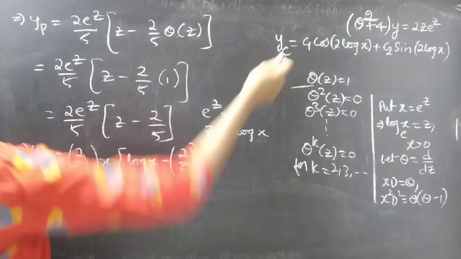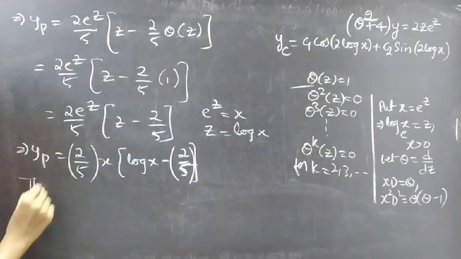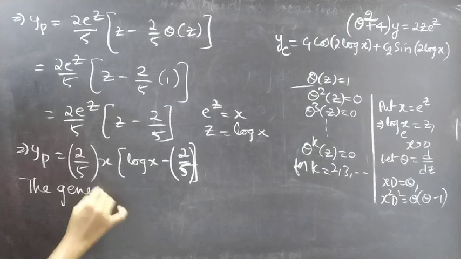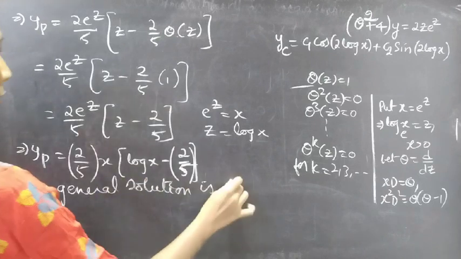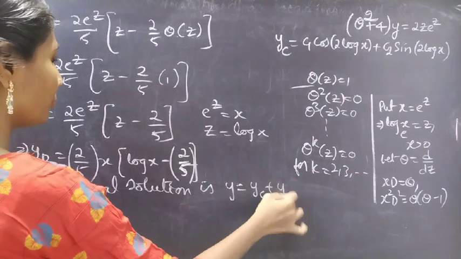We got yp and yc. Let's write the general solution now. The general solution is given by y equal to yc plus yp.